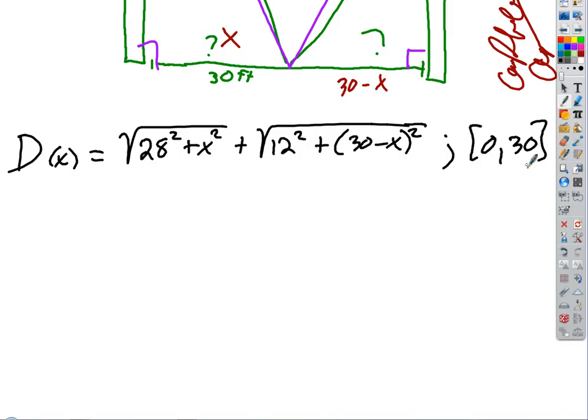Maybe we want to simplify this just a bit, or we can just differentiate it the way it is. Why don't we just simplify the radicand, whatever's inside the radical. One more step. This one's fine.